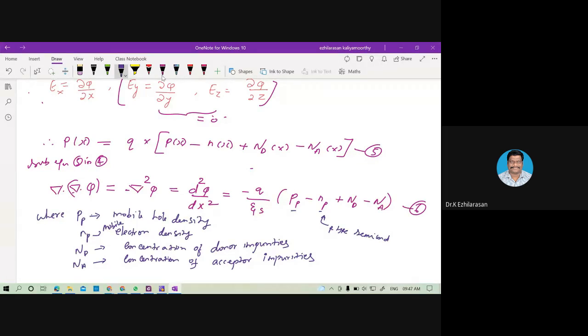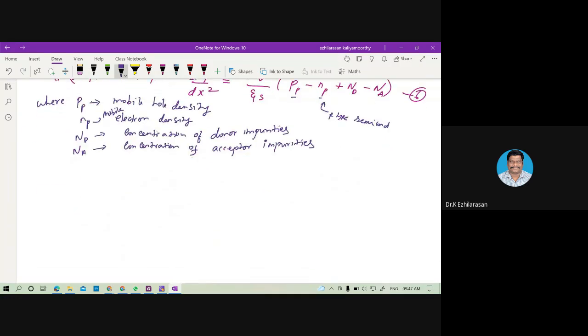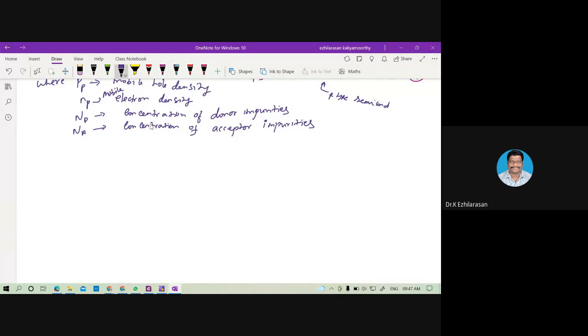Now let us consider the two carrier densities at a point on the x-axis.